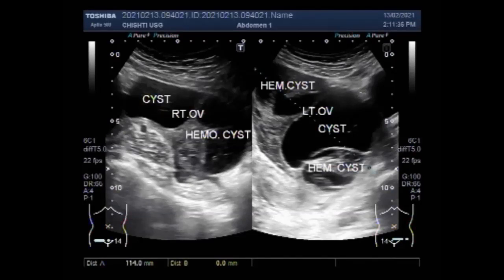Now you can see the sizes of these multiple cysts. Quite large cysts are found in both ovaries. The collective area measures more than 11 by 9 centimeters on one side, and the other side has 10.5 centimeters by almost 7 centimeters.